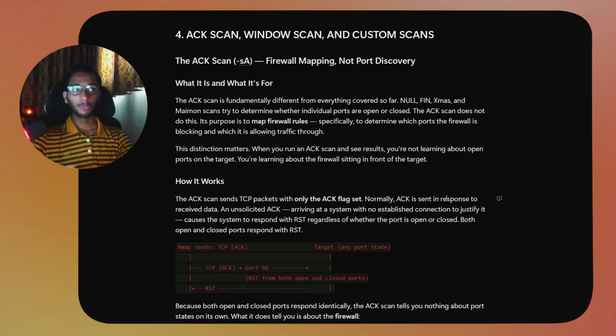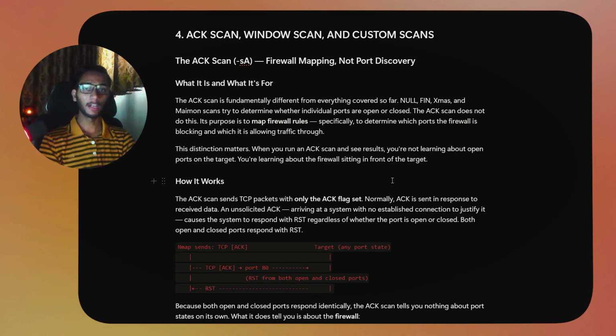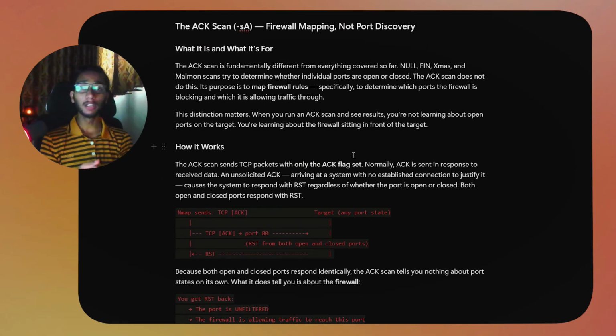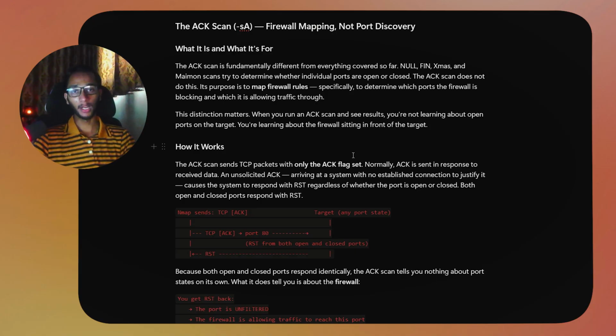Another type of scan we have is the ACK scan. I have talked about this already in the previous video, but let me tell you again quickly what this means. It actually sends the ACK packet instead of the SYN packet. Normally when you are using TCP, you have to send the SYN packet in order to establish the connection, and when you send data, they send you the acknowledge packet back.